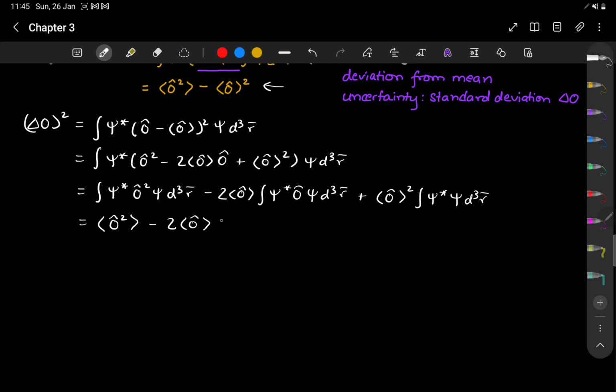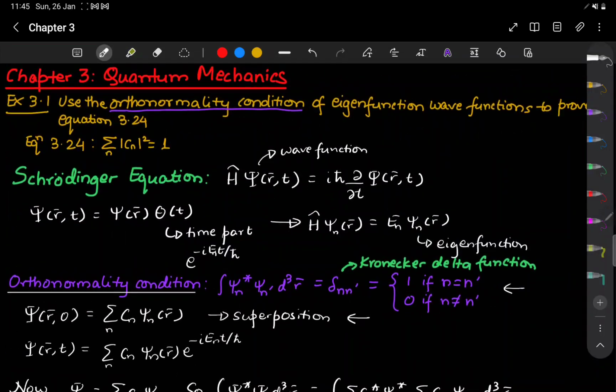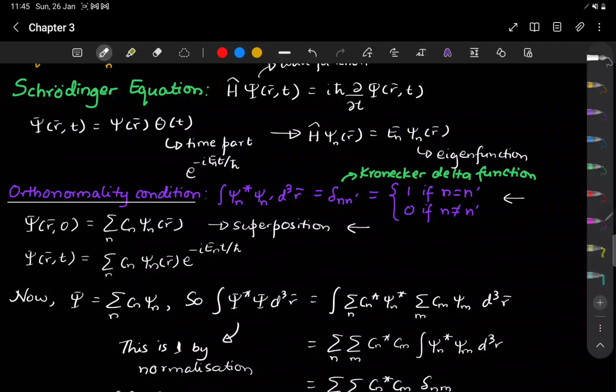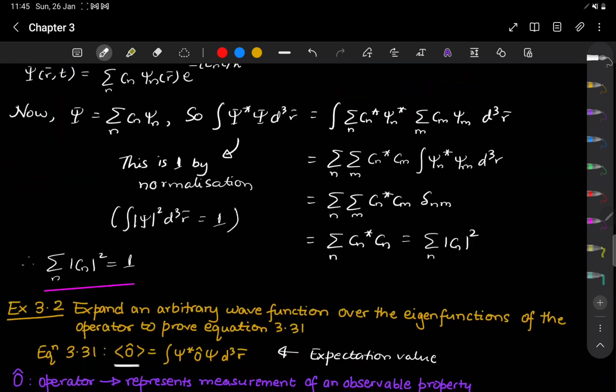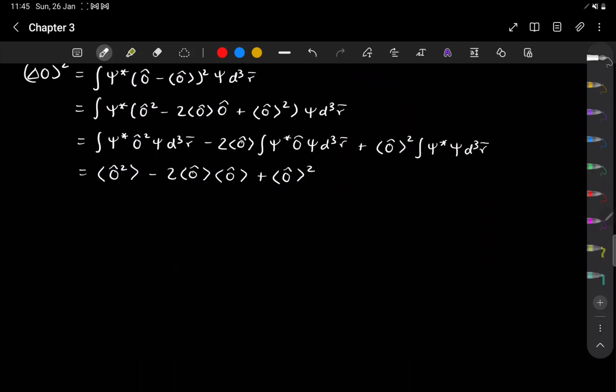The second integral is just the expectation of the operator O cap, and the third integral, by the normalization condition, is just 1. We saw the normalization condition earlier in the first problem, the orthonormality condition. If the indices are the same, say psi n star psi n, then this integral is equal to 1. Using this normalization condition, we get the third integral as 1.